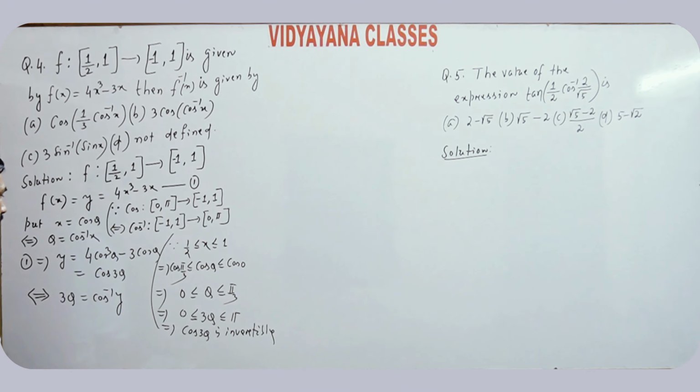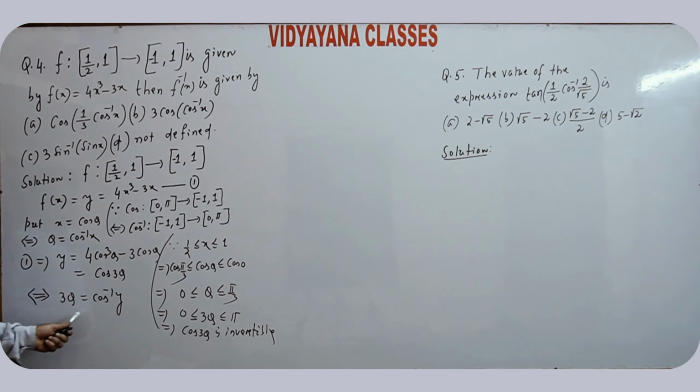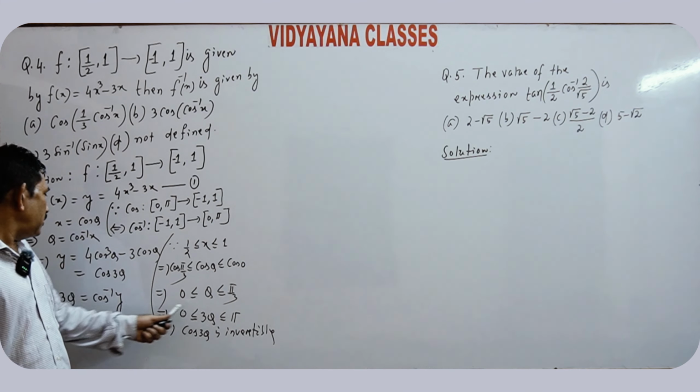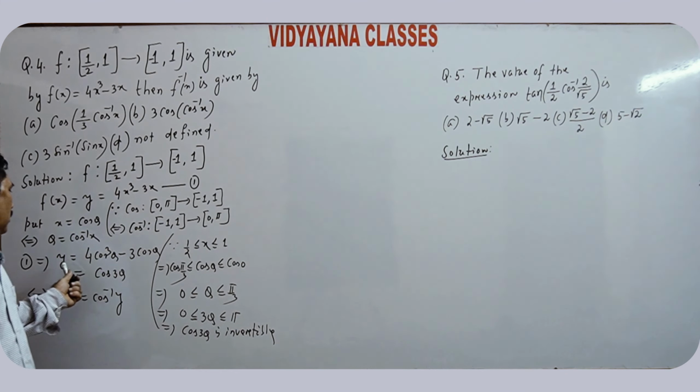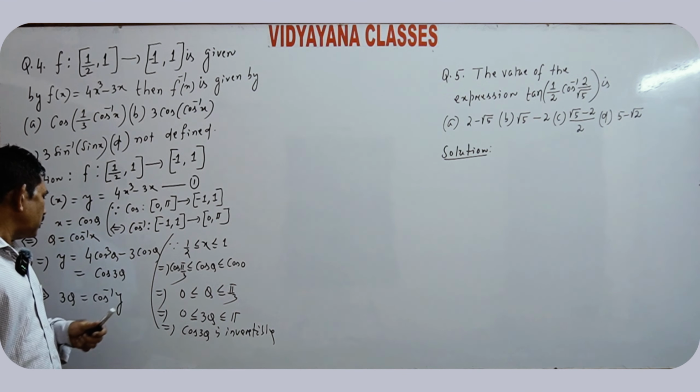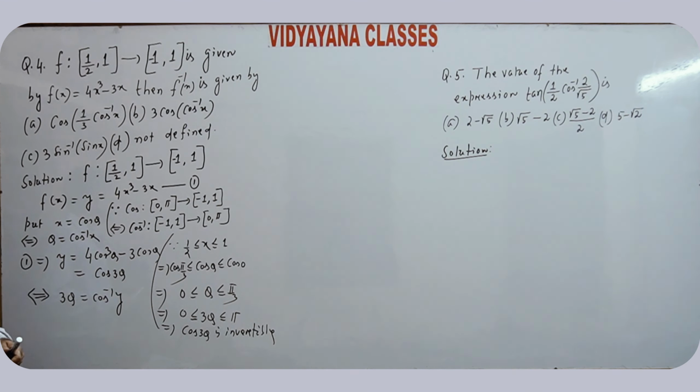That means the inverse of the function exists. y is equal to cos of 3 theta, so 3 theta is equal to cos inverse y. It is the reason so that the function y equal to cos of 3 theta is invertible. So 3 theta can be written as cos inverse y.